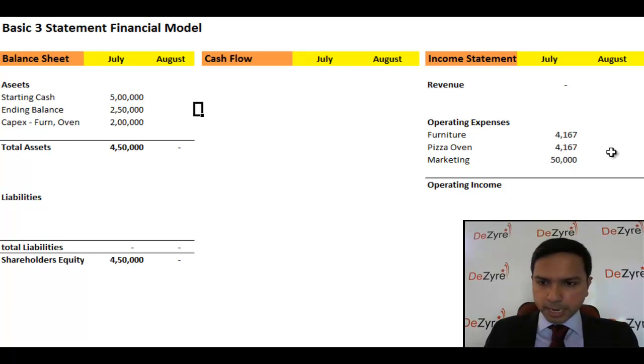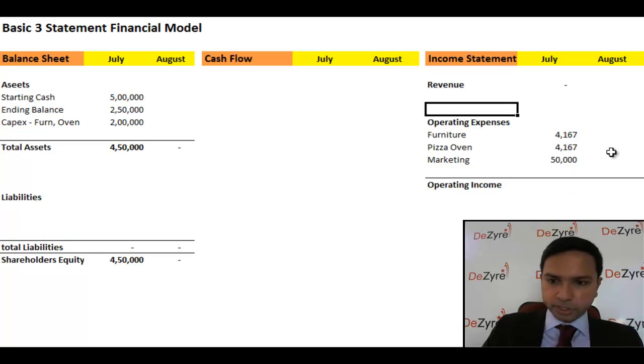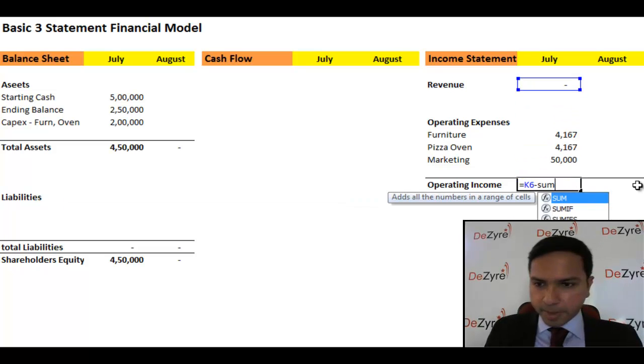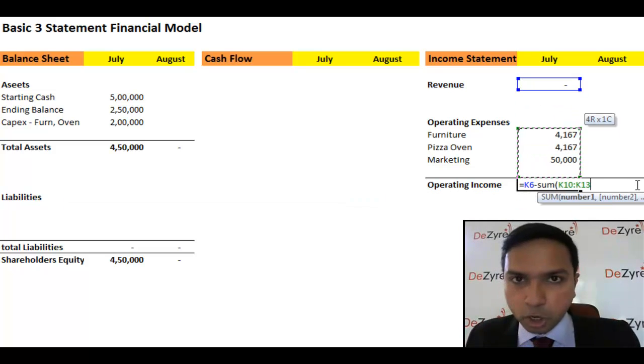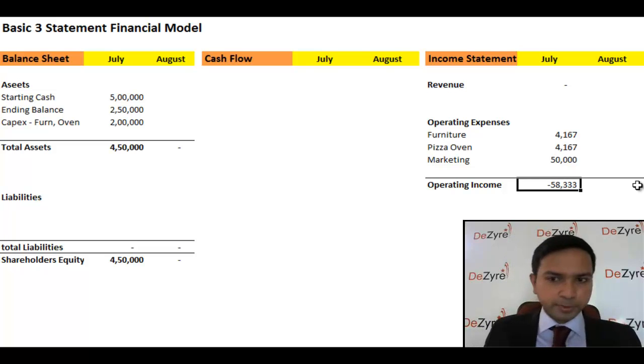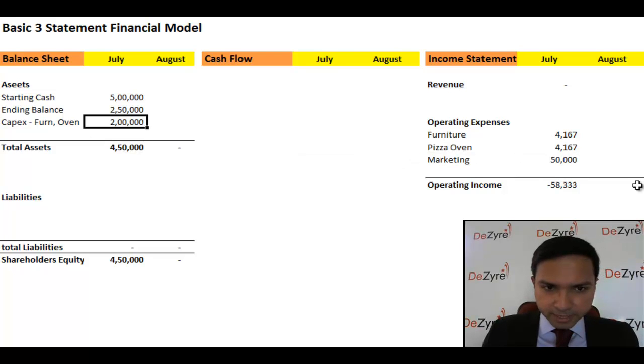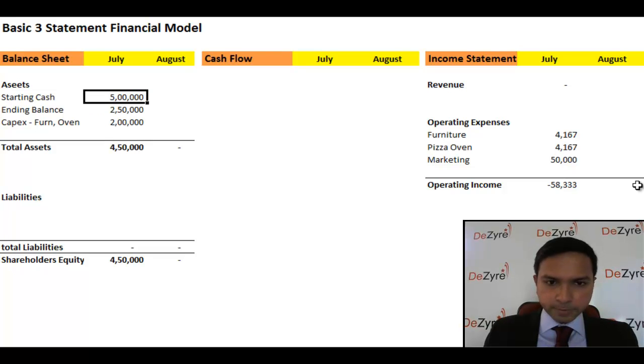Now what is your operating income for this year? Your revenue minus your operating expenses is that you're making no operating income. You're actually making a loss of 58,333 rupees, and that's completely fine because you're just investing in the business. So let's make sure we capture all this here in the balance sheet. 5 lakhs starting cash, you subtracted your oven, you subtracted your furniture, and you subtracted your marketing cost.